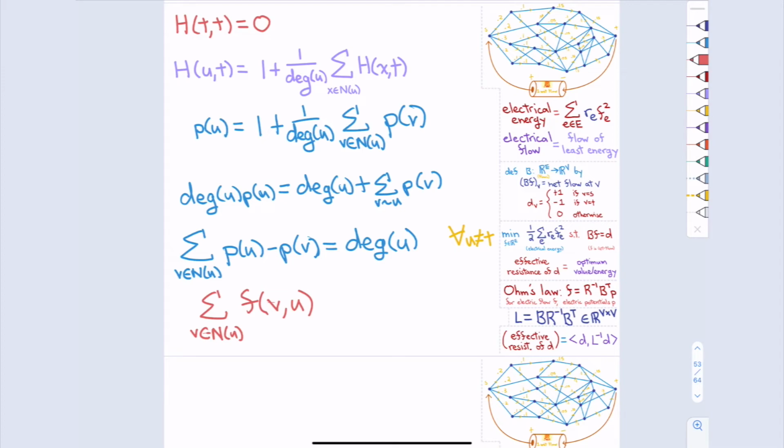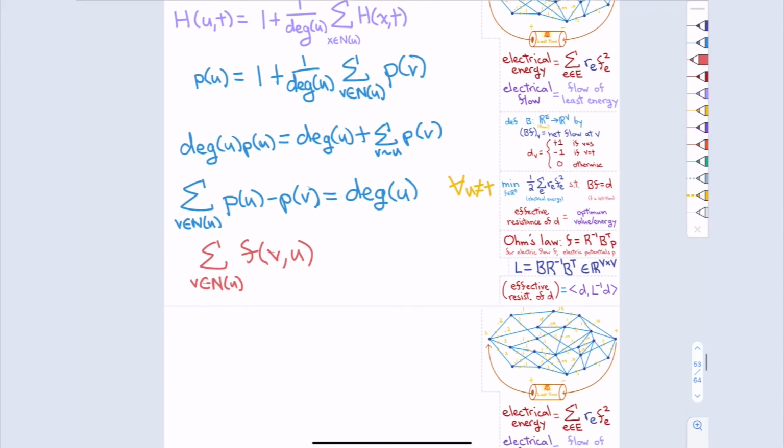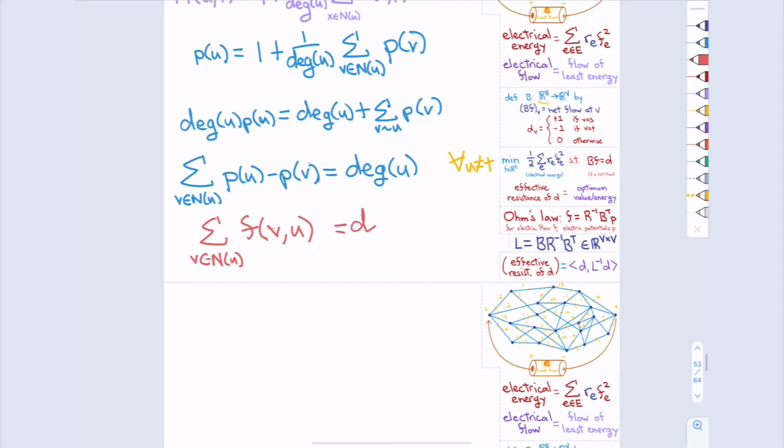So let's imagine orientation is set up so that all the edges are pointed out of U. And it just flips some signs and doesn't change anything. Okay. All right, so in other words, is equal to degree U. So this is the net flow summing up over all these edges. Okay.